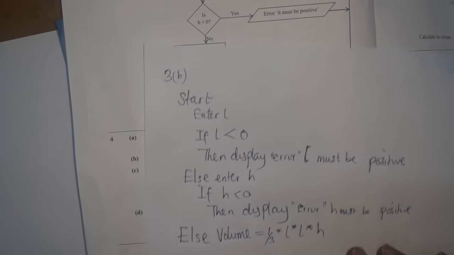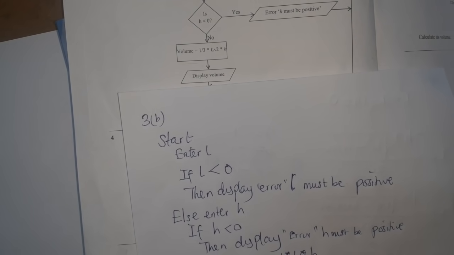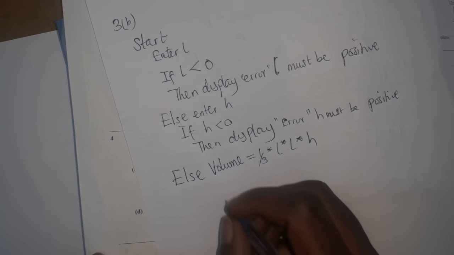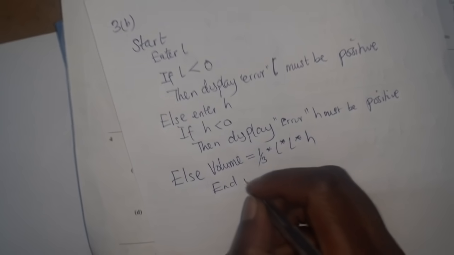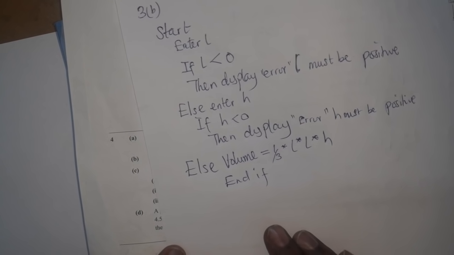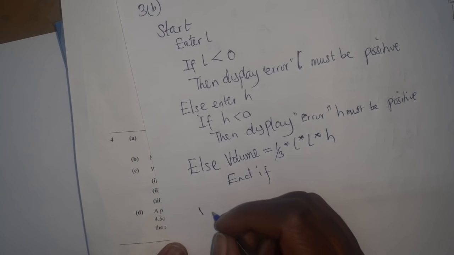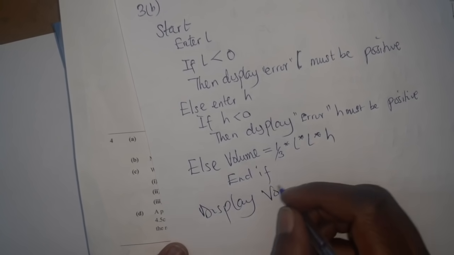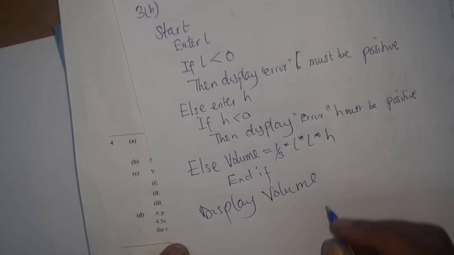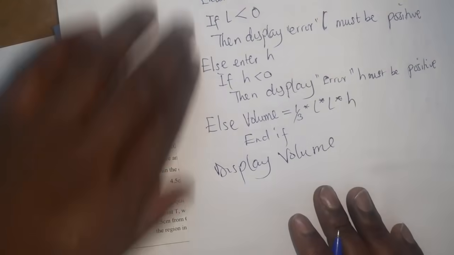That's what we are supposed to have here. Then we can say now, and if, then we say display what? Display volume. Then the last one will be stop.